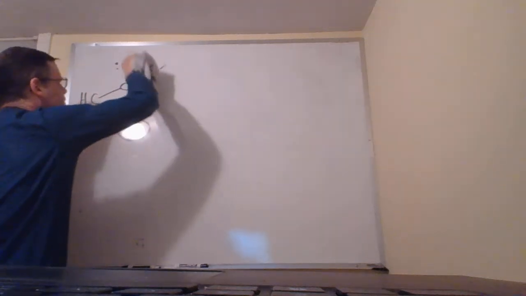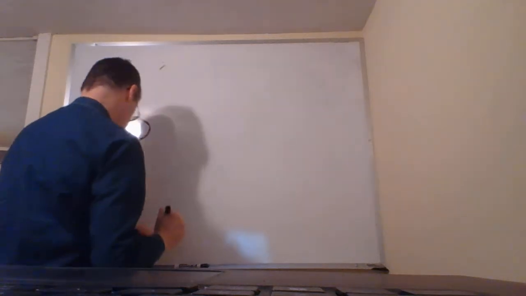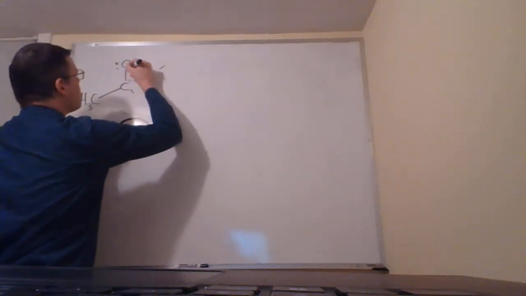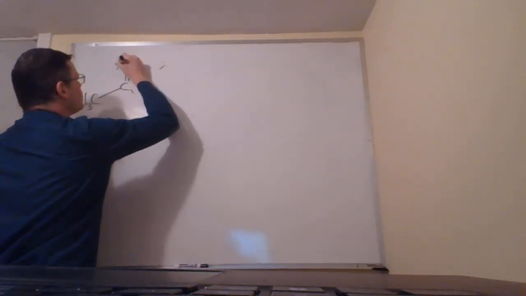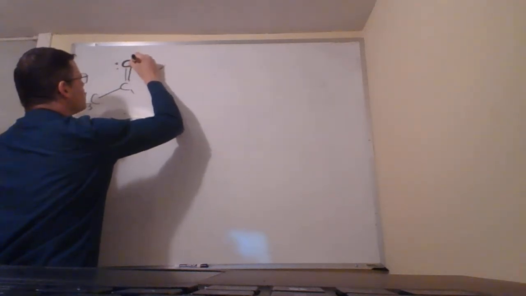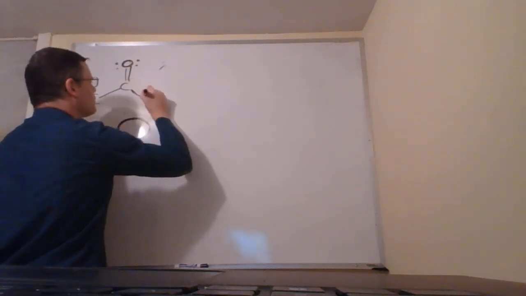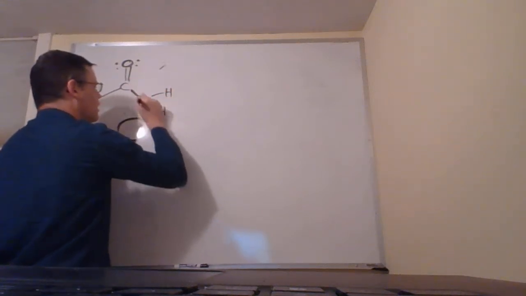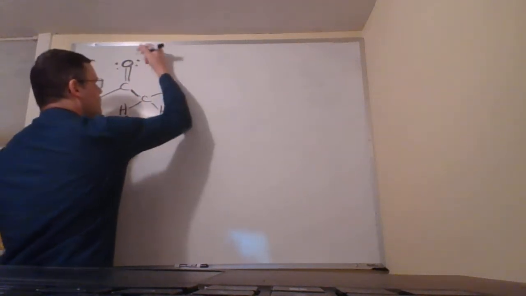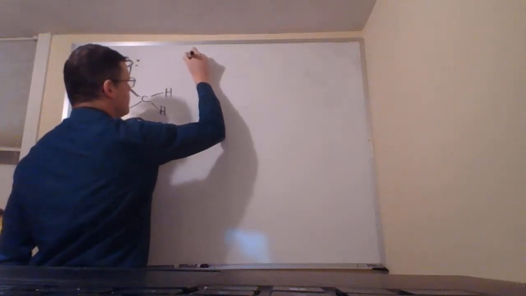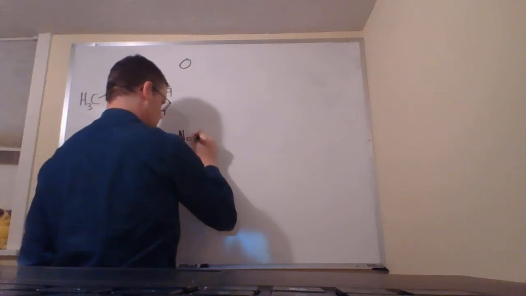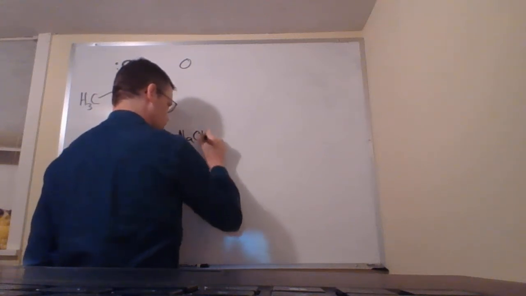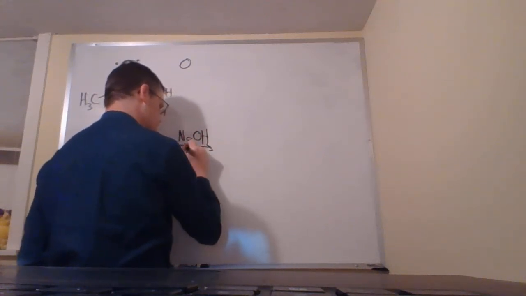Okay, so I'm going to start with the same reactant here, our ketone. All right, and now under base-catalyzed conditions, this is going to be usually, well, it could be sodium hydroxide and water.